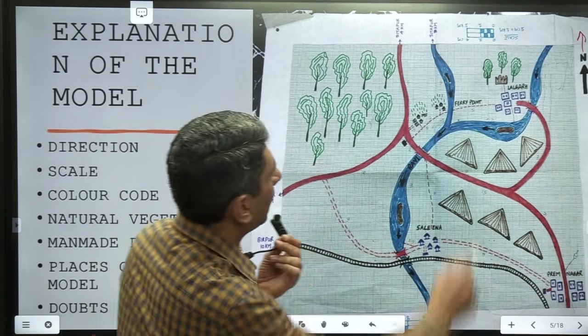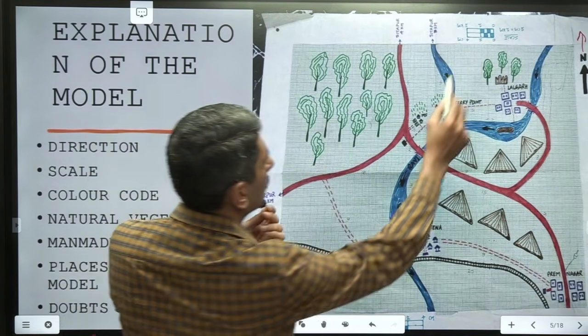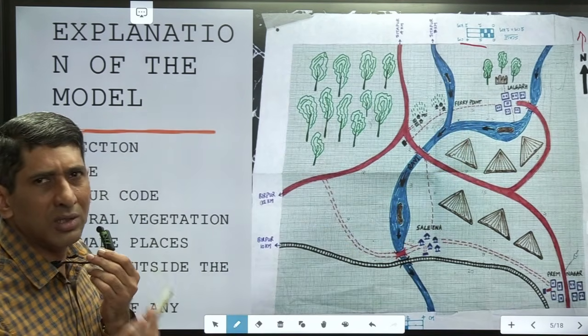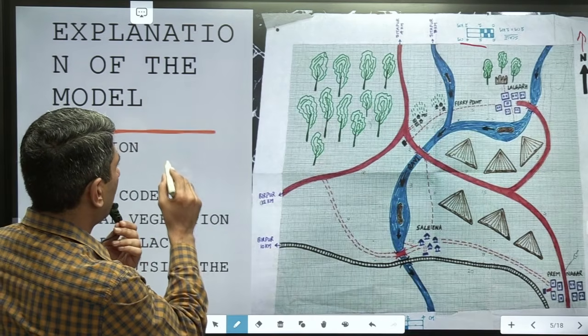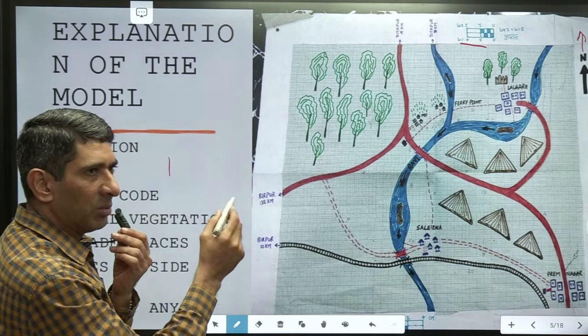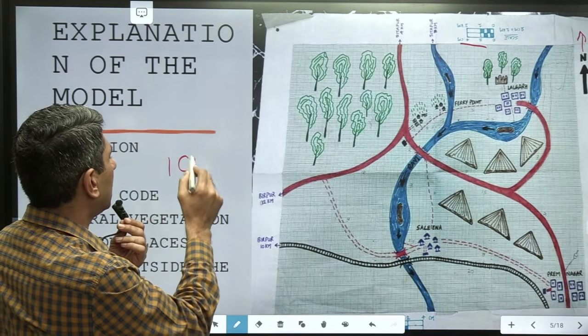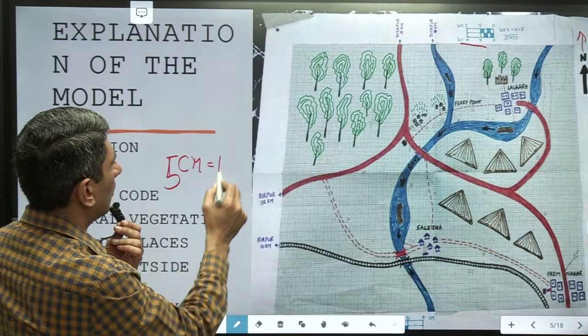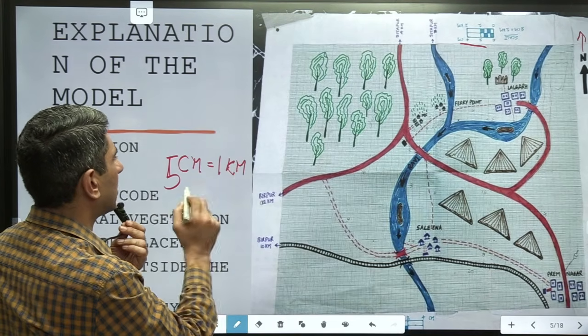Okay. Now, after seeing the direction, the second thing you must get into is the scale of the model. Generally in the selection boards, you will find that 1 centimeter or 1 inch or something like that will be told is equal to, or rather 5 centimeters is equal to 1 kilometer. Let's say this is the scale of the model.